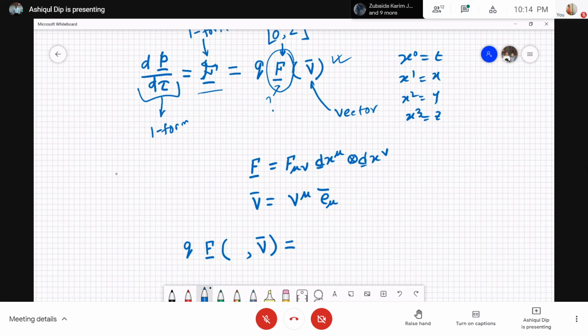And I know my vector really well, so my vector can be written in terms of components like this, where these components v^μ are basically x^μ differentiated with respect to tau. That's what it means, because we had those dots.